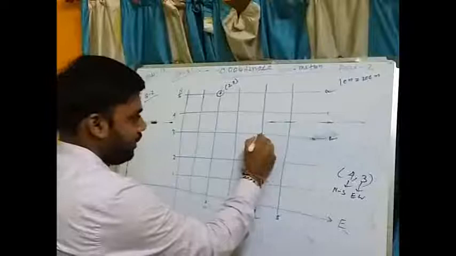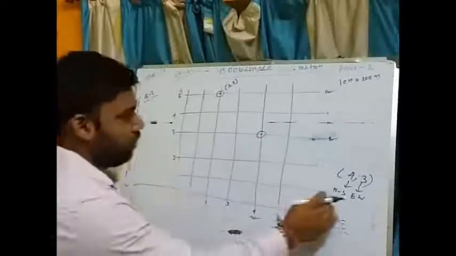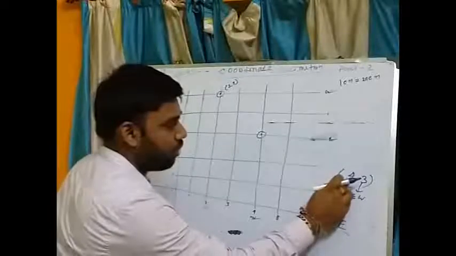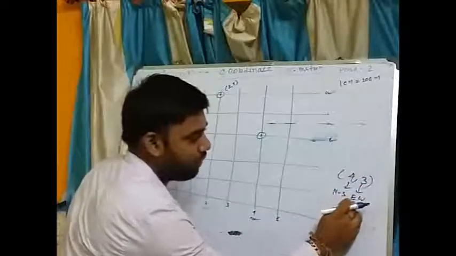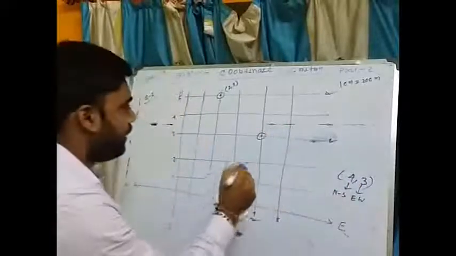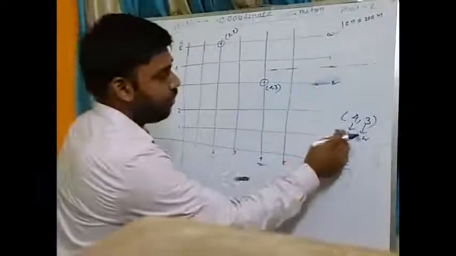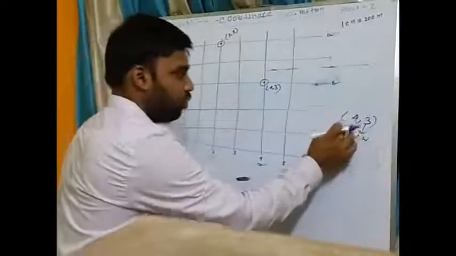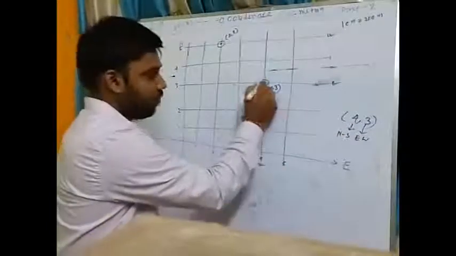This cross street is the meeting point of the 4th road of north-south and the 3rd road in the east-west direction, denoted as 4,3.